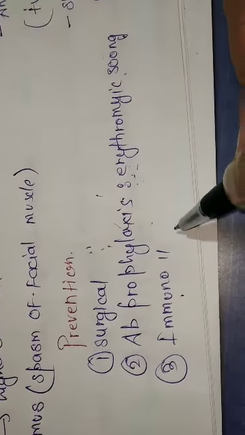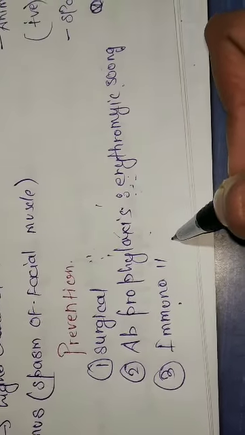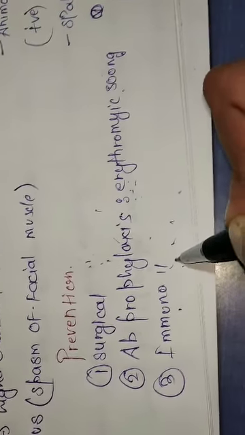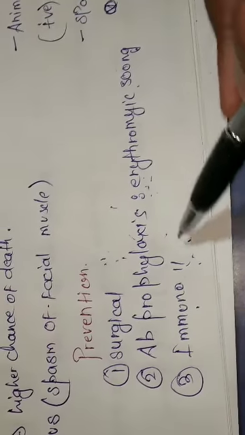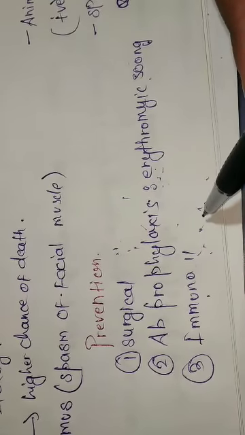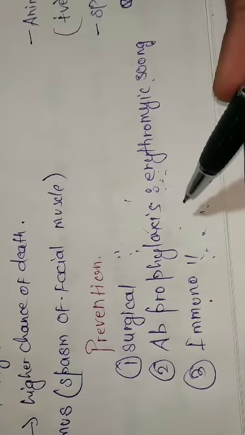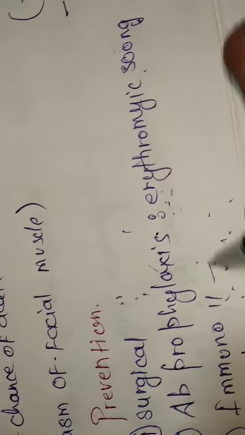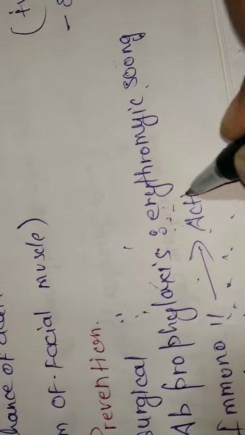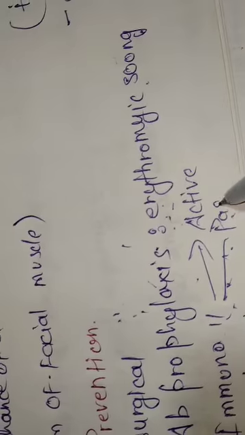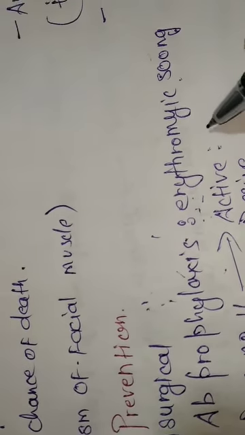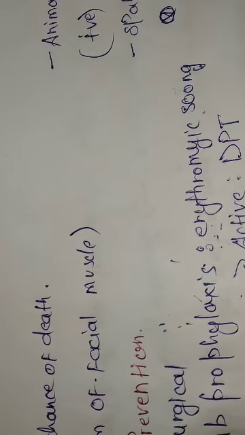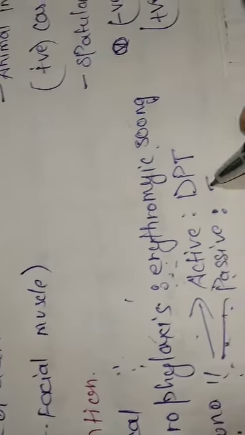In immunoprophylaxis, active immunization or passive immunization should be given, for example to a newborn baby at birth. In active immunization, they can get the DPT vaccine, and in passive immunization, they may get an injection of TT.